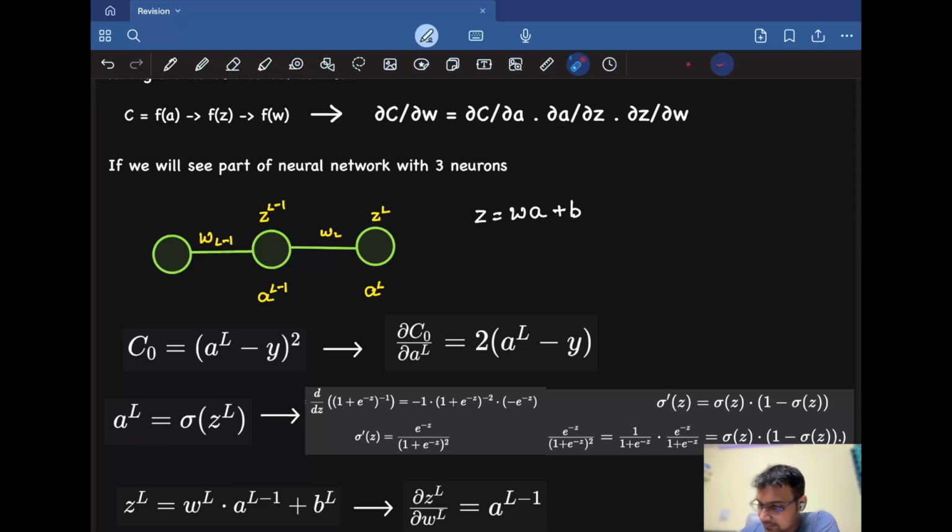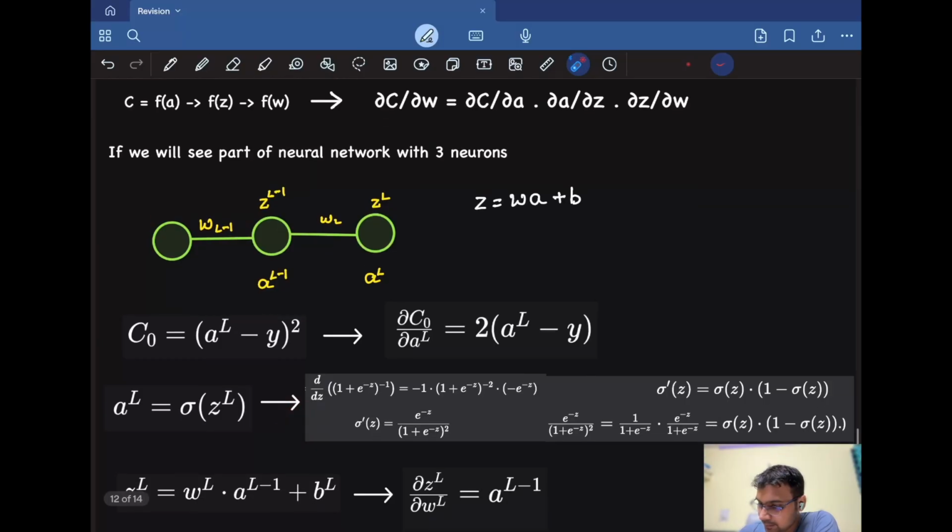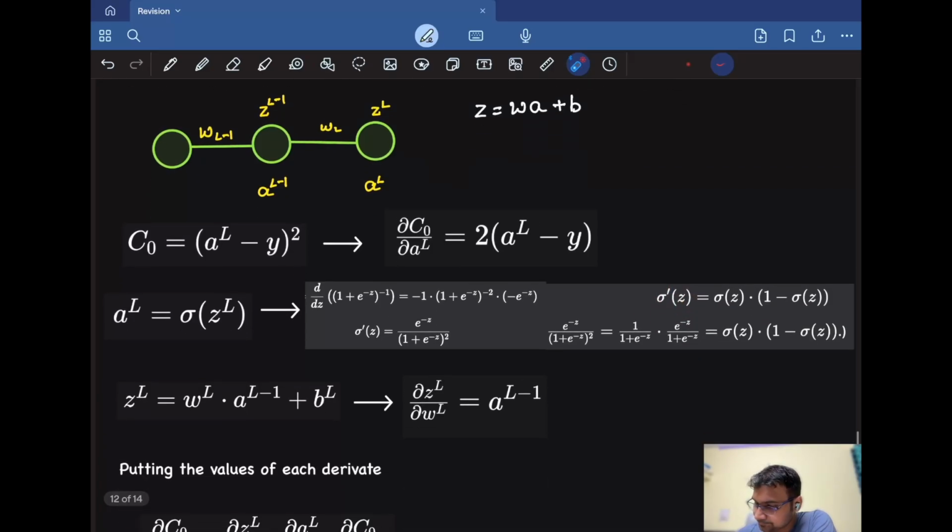For better understanding, I have elaborated here: d by dz is the derivative, this is our sigmoid function of z. When we take the derivative, it comes out to be this value, and if we write this in terms of the original sigmoid function, it comes out to be this one. So this is the derivative of the sigmoid function.